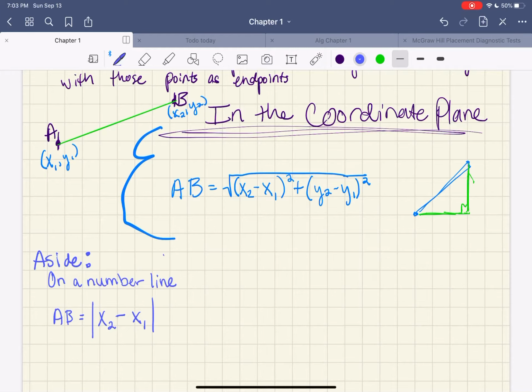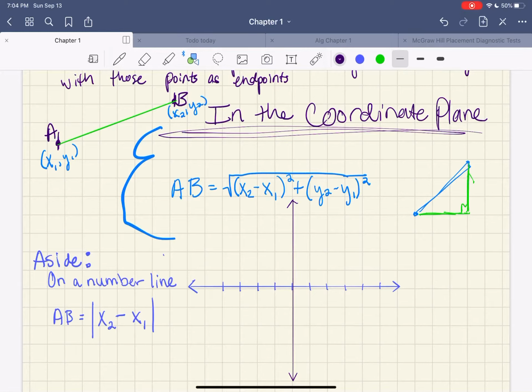Now, here's the reason that I don't think you need to write that down. Picture this. It's our number line. We're about to do some very important distance formula on a number line, and then we say, oh my gosh, I do not remember what the formula is. I only remember it in the coordinate plane. Well, you can just pretend that you're along the x-axis.